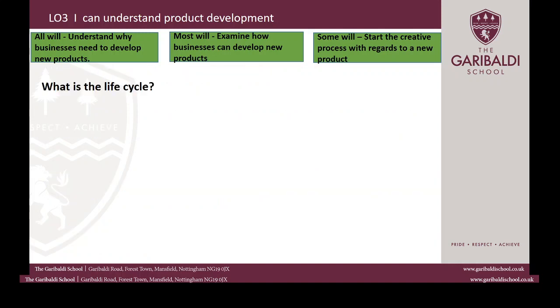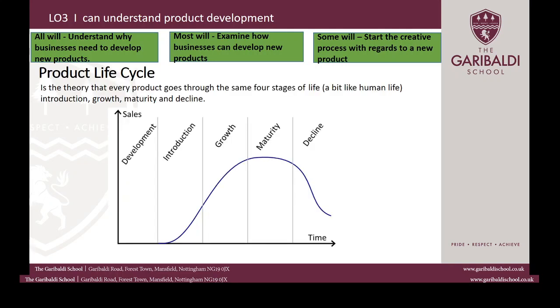So some of the work that I asked you to look at was with regards to the product life cycle. Now, hopefully you investigated what the product life cycle is, and why it existed. And what you should have found is the product life cycle is a stage that all products go through.